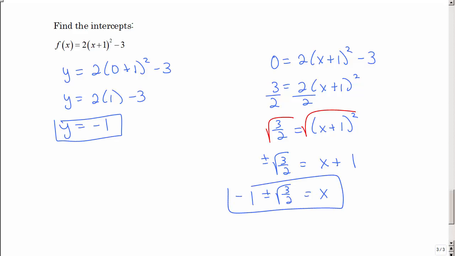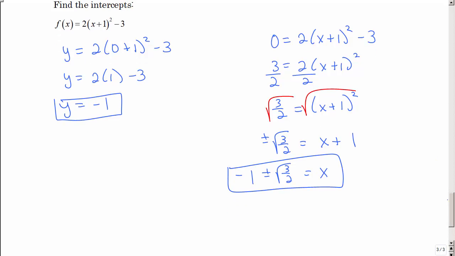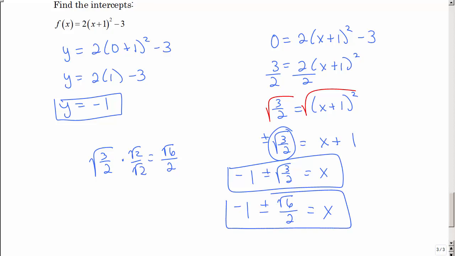I'm going to tell you that's okay, but just want to say that we really don't like leaving our radicals like that. We want to rationalize the denominator, getting rid of the square root in the bottom, so that would be the square root of 6 over 2. So really, mathematically, to make it prettier, we should write the answers like that. And say answers because that's 2 because of that plus and minus.